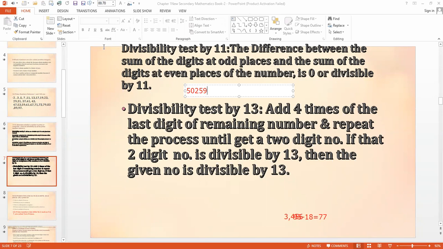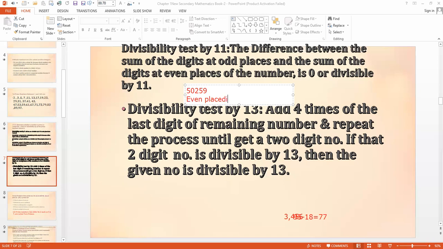Now, you know about even and odd numbers: odd numbers are not divisible by 2 and even numbers are divisible by 2. Look here, I have to show it to you. 9 is an odd number, this 2 is an even number, this 5 is an odd number. I have to write it here: the digits which are at the even places.